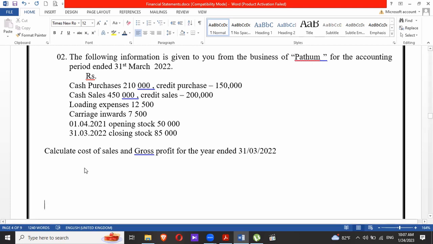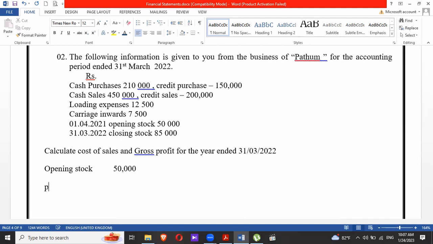Right. So first you have to calculate the cost of sales. To calculate cost of sales, you should take opening stock first. Opening stock value 50,000.